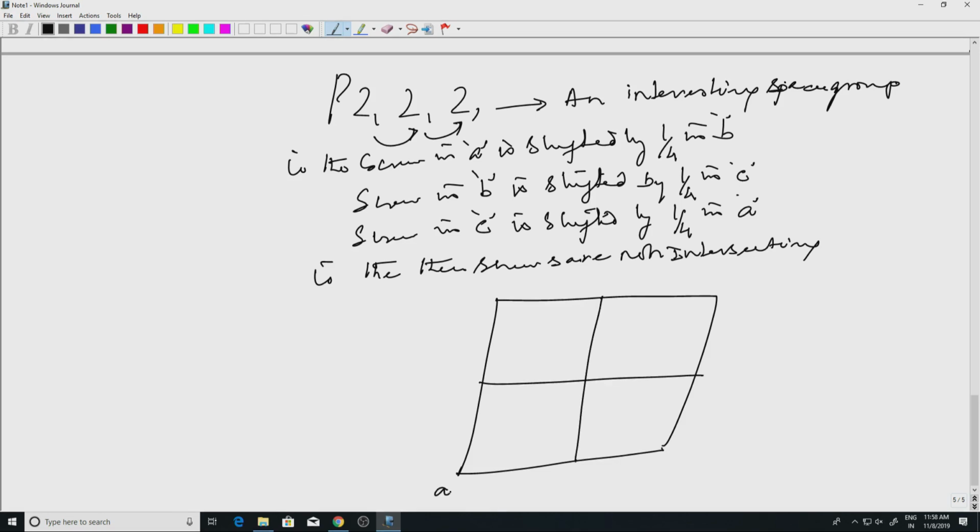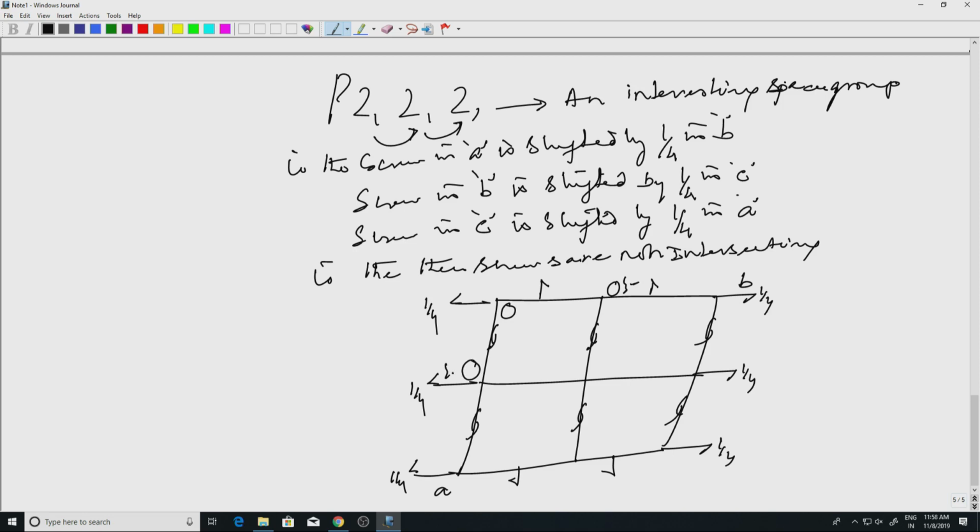Again, this is A, this is B. Now we remember the screw along A goes by 1/4 in B. Screw along B goes by 1/4 in C. The screw along C goes by 1/4 in A. So when I operate, it comes here, this comes here, this operates and comes here.